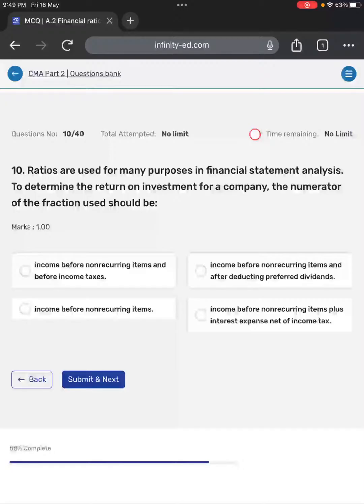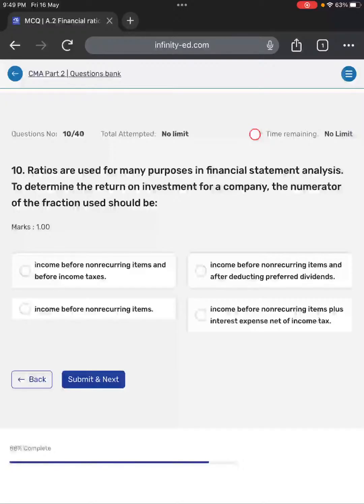For return on investment of a company, they determine the income before non-recurring items plus interest expenses net of income tax. Income before non-recurring items and before income tax should not be used.